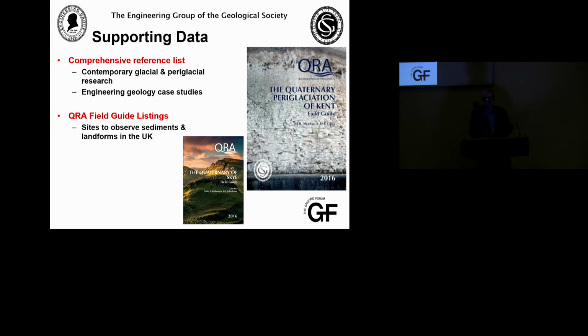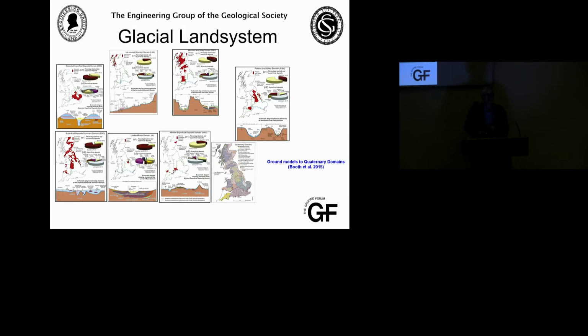We also wanted to bring to the attention of the geoscience community what the Quaternary Research Association was doing. There's a magnificent set of field guides covering all of the British Isles, and they're now available online as PDF documents. So you can go out before you start a project and visit these sites and start to appreciate this variability, part of the continuing education that's present.